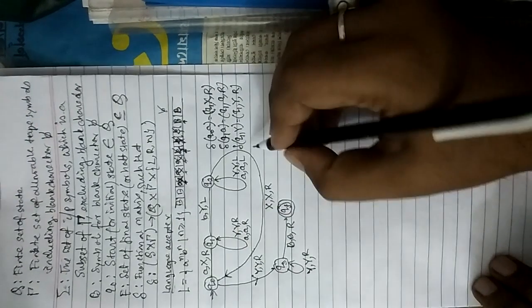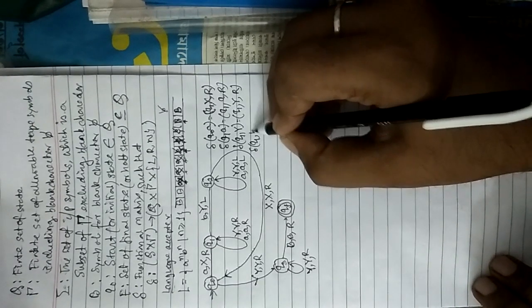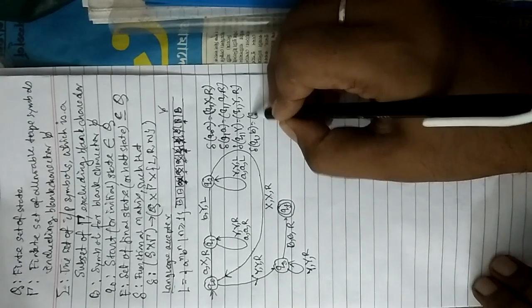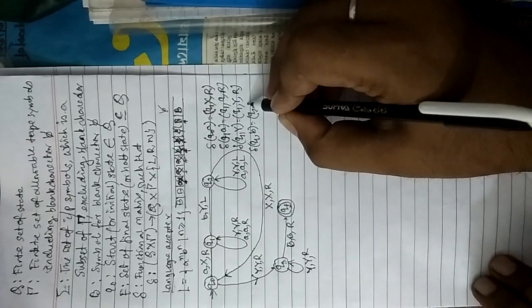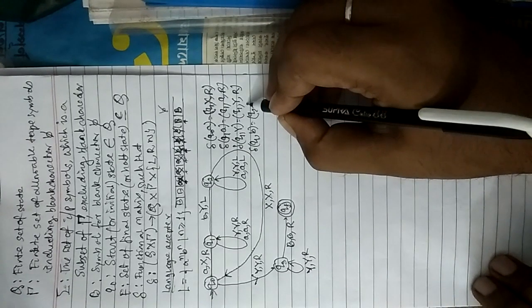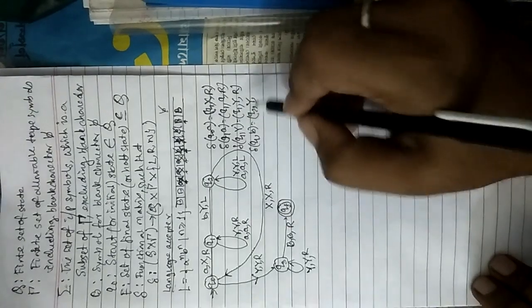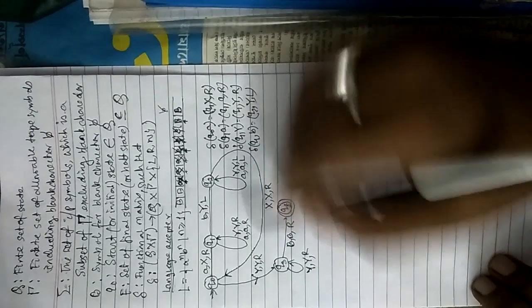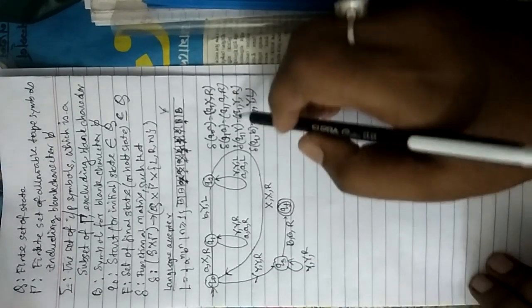For this one, you are at Q1 and your input is B. You go from Q1 to Q2 state, replacing this B with Y and moving towards the left. In this way you can draw each and every instantaneous description, or ID.